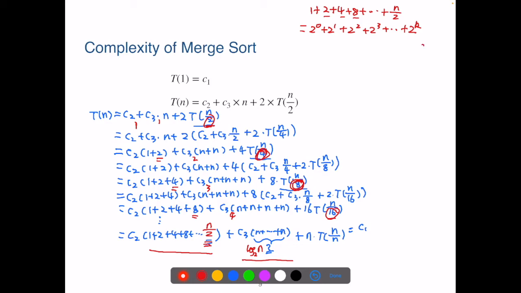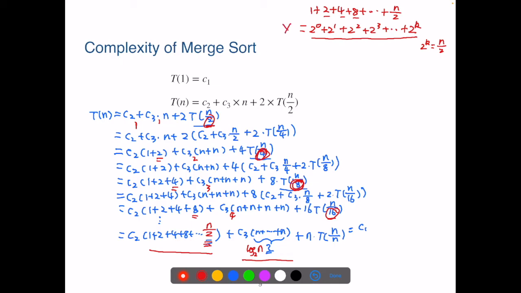And then we know 2 to the power of k would be n over 2. We'll deal with that later. So what's this? You may know the answer already, but for some of you that this does not look very straightforward, I have a quick way to figure this out.